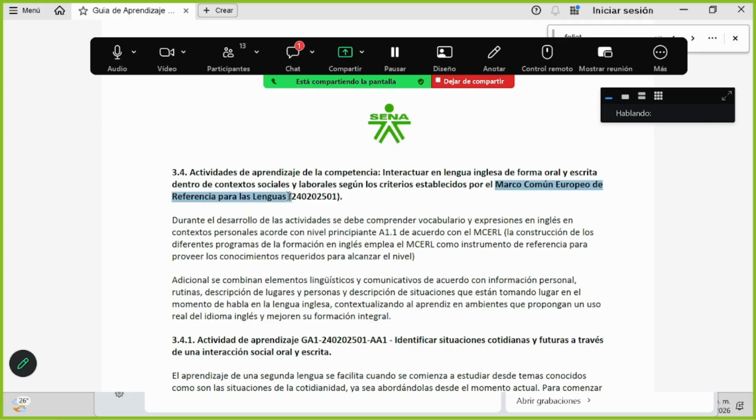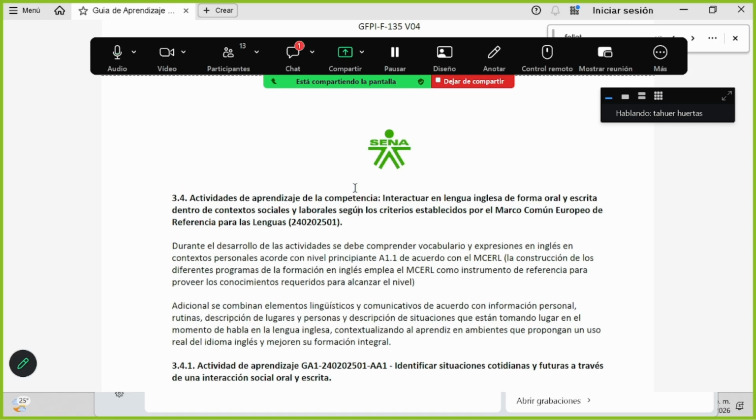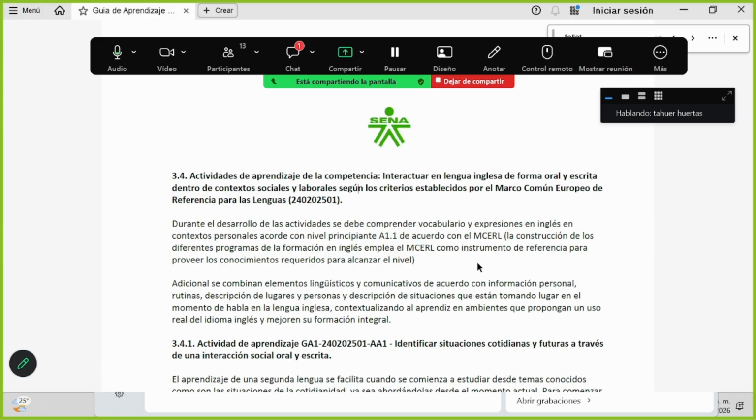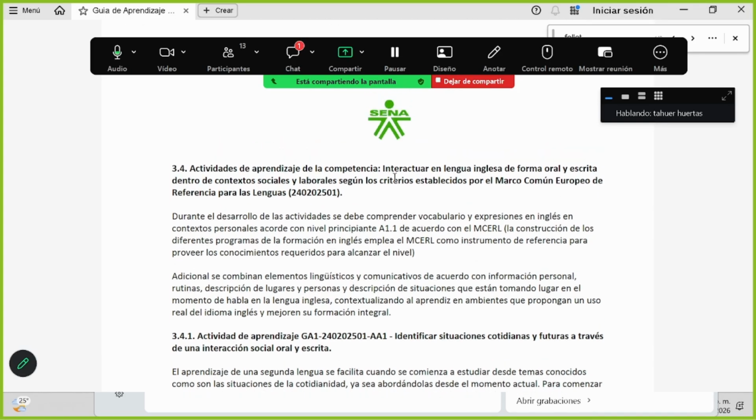Okay. Ese es el English level, nivel de inglés, MCERL. I was thinking in English. Es un acrónimo, pero en español. Son las siglas del marco común europeo de referencia para las lenguas. ¿Ok?